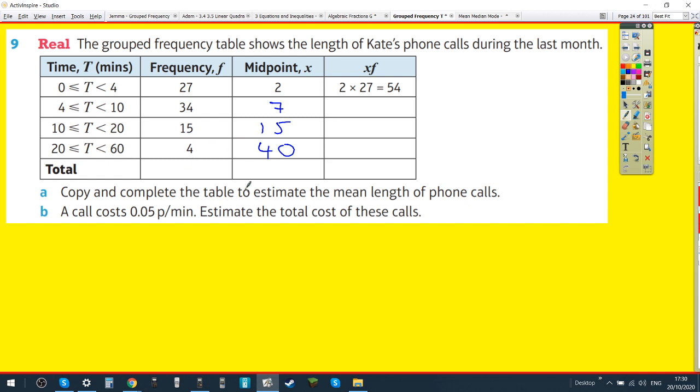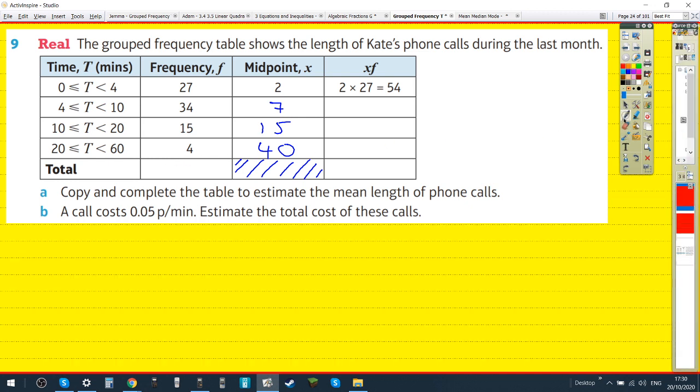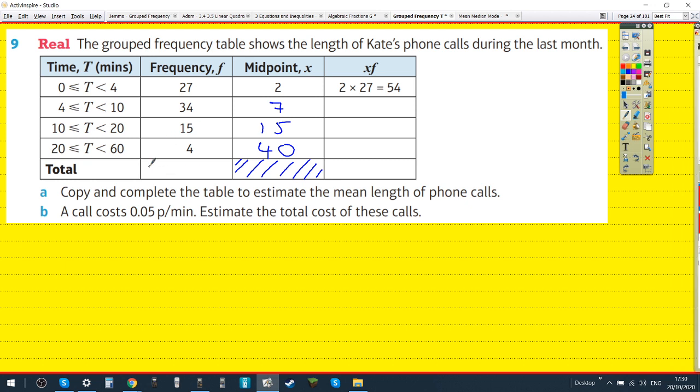Total frequency? That is 80. And then you can do this x times f, so midpoint times frequency. Oh wait, so the total. Oh no. Okay, I understand.